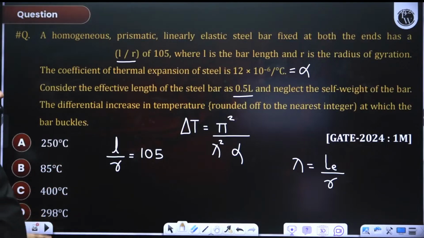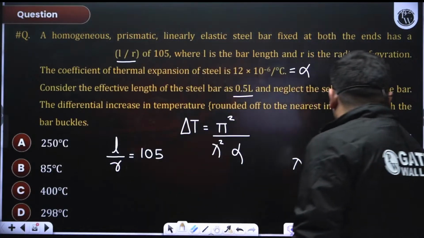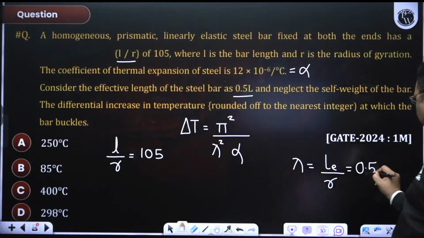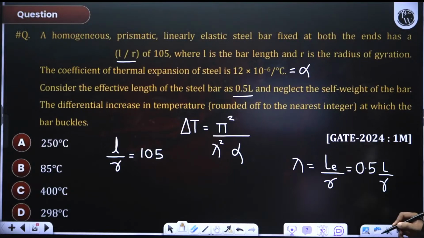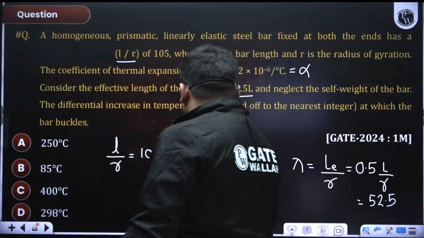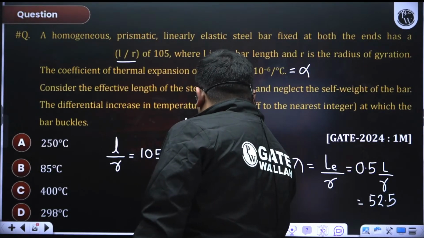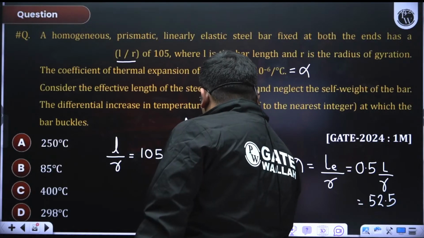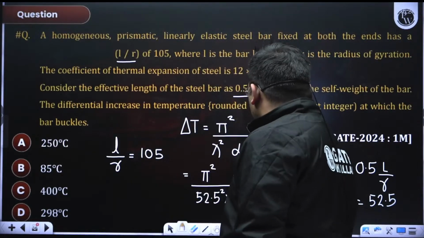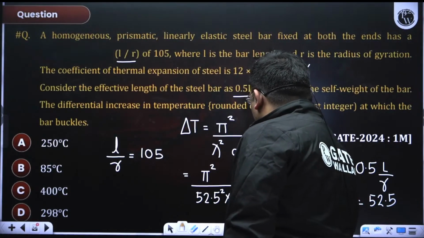So this will be how much? This will be 0.5 into L by R, right? Now L by R is given as 105. So the slenderness ratio will be 0.5 times this, which becomes equal to 52.5. Now we can solve this question, right? So this becomes equal to pi square, slenderness ratio is 52.5, so 52.5 square, and alpha is given as 12 into 10 to the power minus 6.